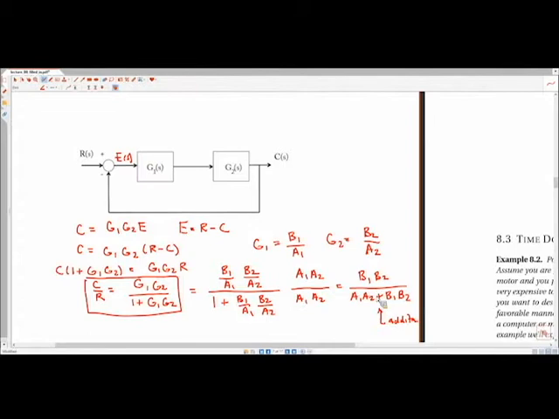Via the design of A1 and B1, I can start to move these poles around. That allows me to make sure that even if G2 behaved unfavorably, C over R behaves in a favorable manner. It's with certain limitations. We'll talk a little bit about limitations in this class, not too much, but we'll talk about some of them.